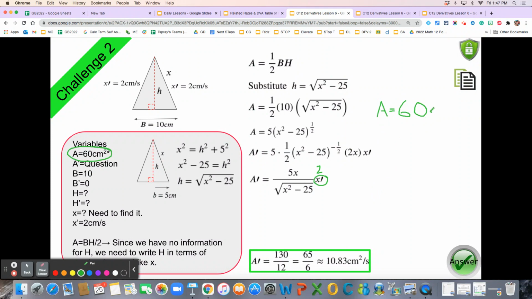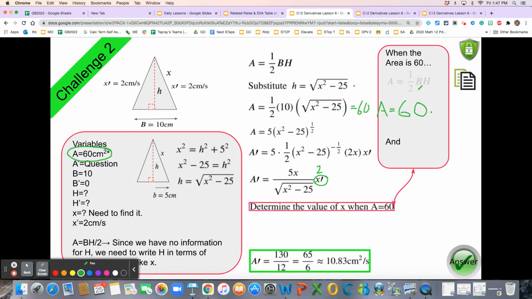Because we know that right here, we know that that equals 60. Okay, so let's just make sure I'm making sense here. So we know that h would equal 12. Okay, so we just went 60 equals 1/2, and we found out that h equals 12.